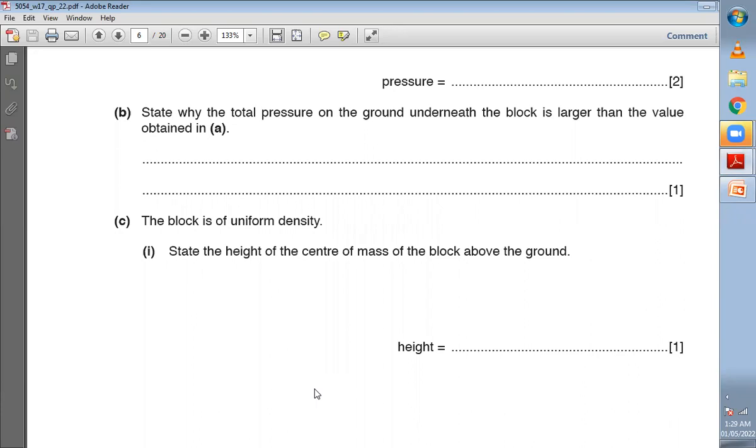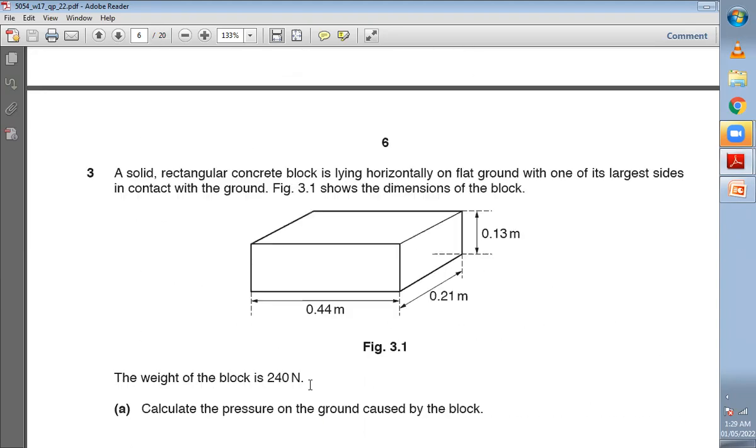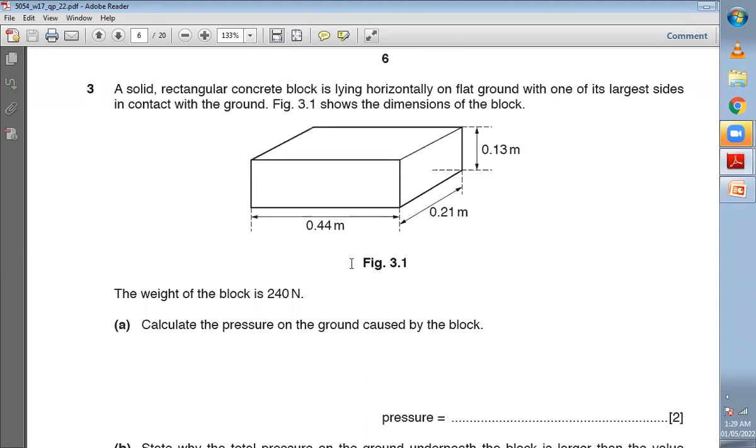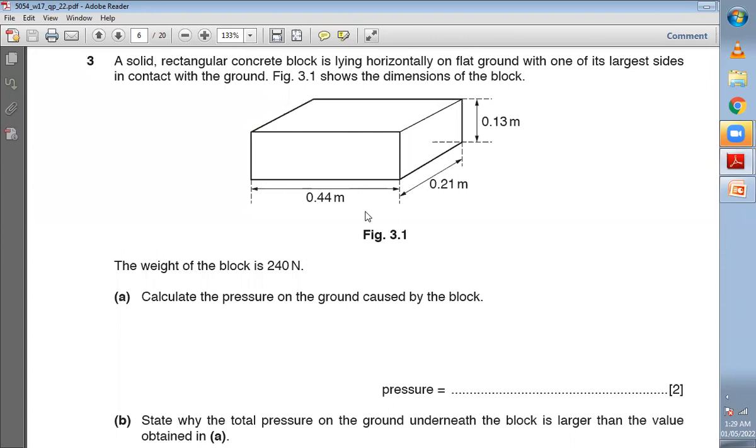State why the total pressure on the ground underneath the block is larger than the value obtained in the A part. We have calculated the pressure on the ground due to this block, and we have used only one factor, the weight, which is acting downward on this area. But in reality, there is also atmospheric pressure acting on this block, which is also acting downward and causing a force on this block.